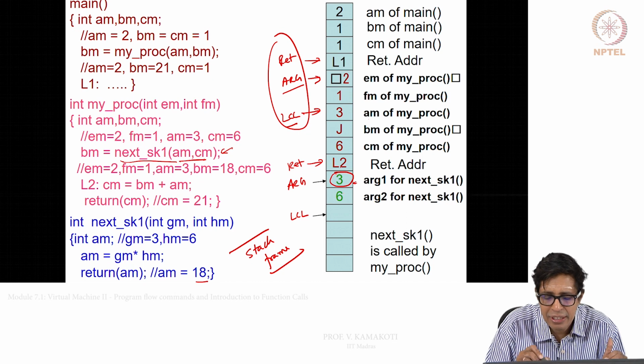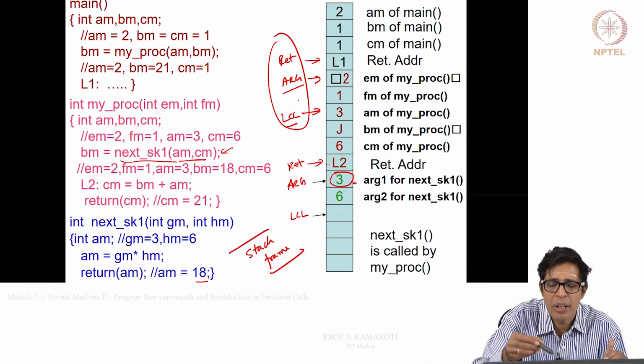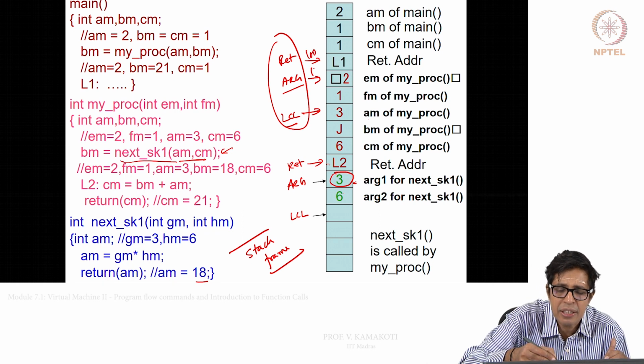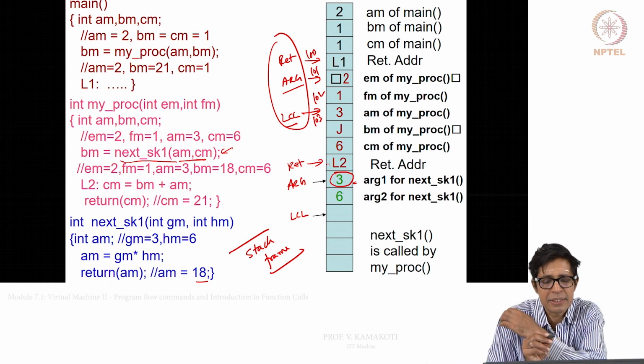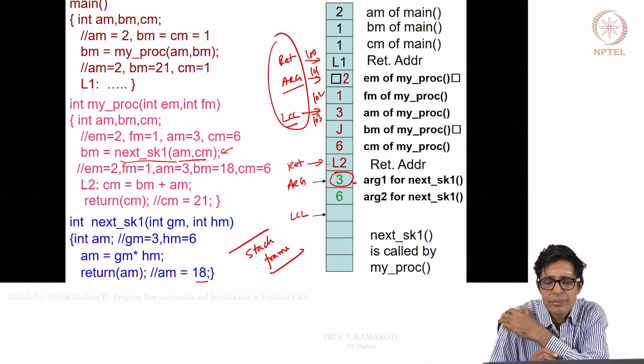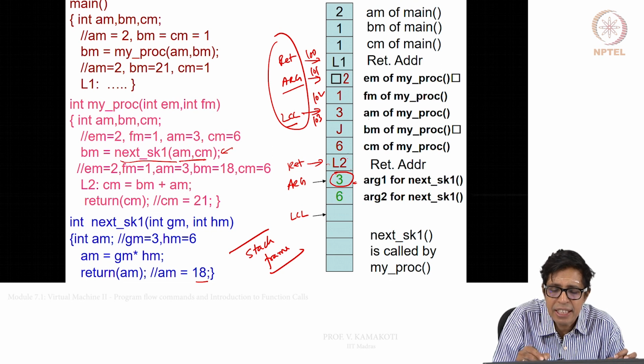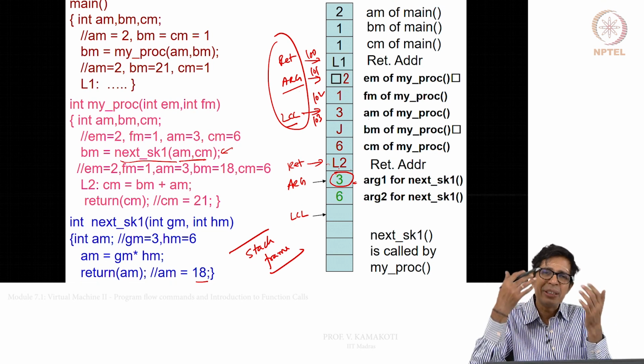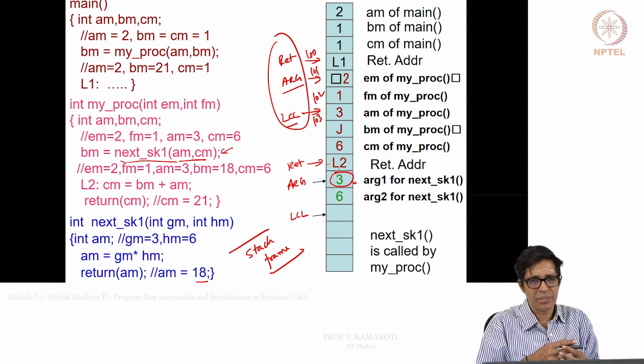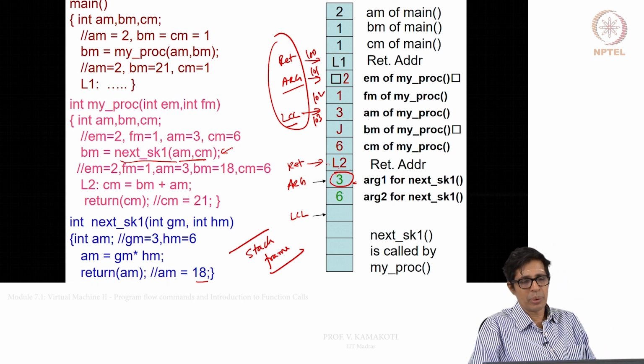I saved a return address and I put the arguments. Along with this return address, I will also save, let us say, 100, 101, 102, 103, right. I will also save the ARG and LCL of my calling function, so that when I complete, I can retrieve them and start executing, right. So that is very, very important.